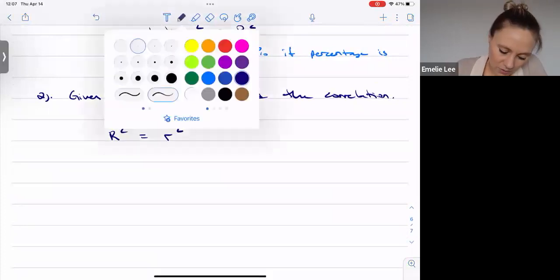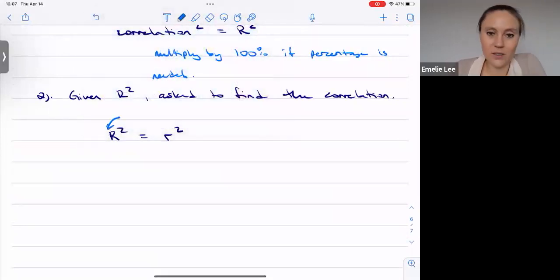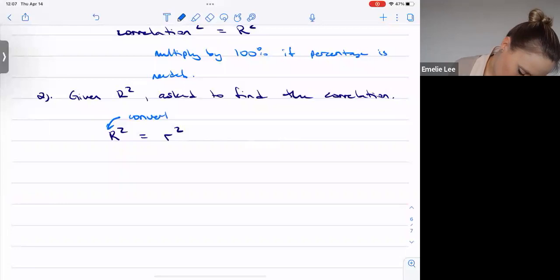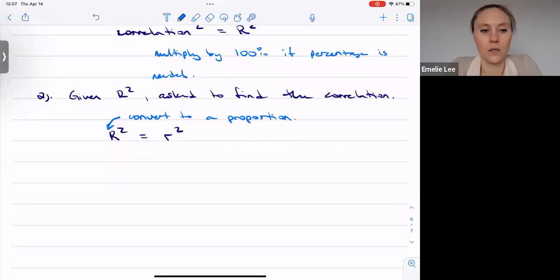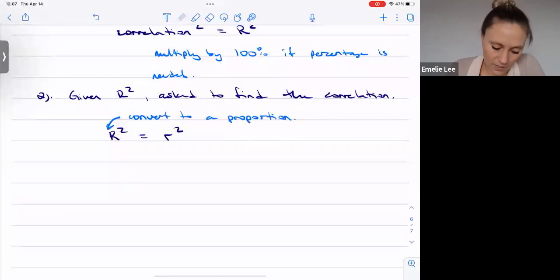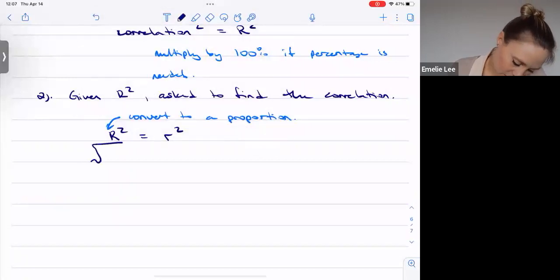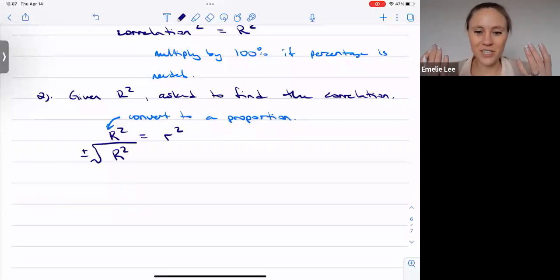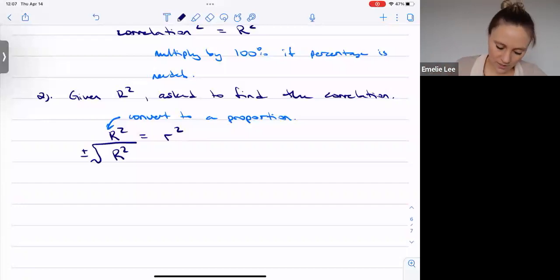So first, R squared has to be converted to a proportion. Once you've done that, you've got a value for R squared and you're trying to solve for R, so you can take the square root of both sides. But when we take the square root, we have to reattach the positive or the negative, whichever applies. There are tricks to doing that, but that's going to be your R.